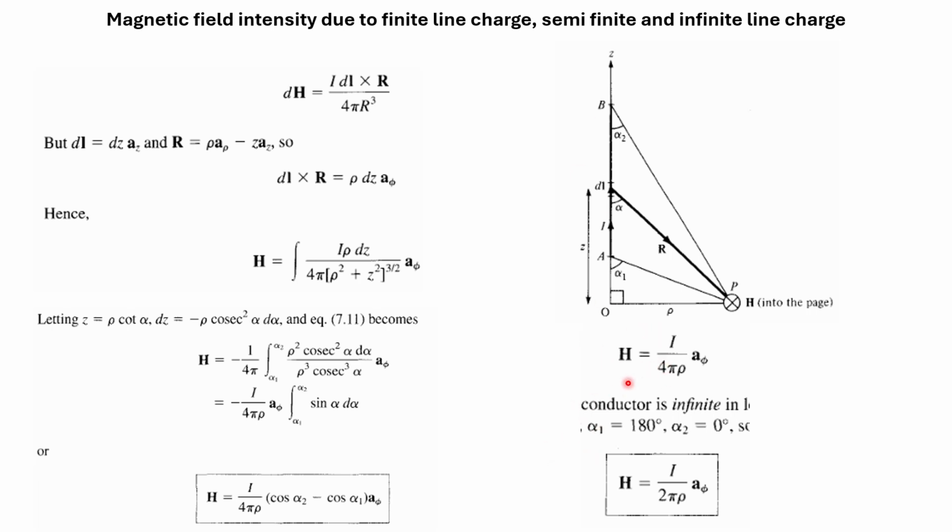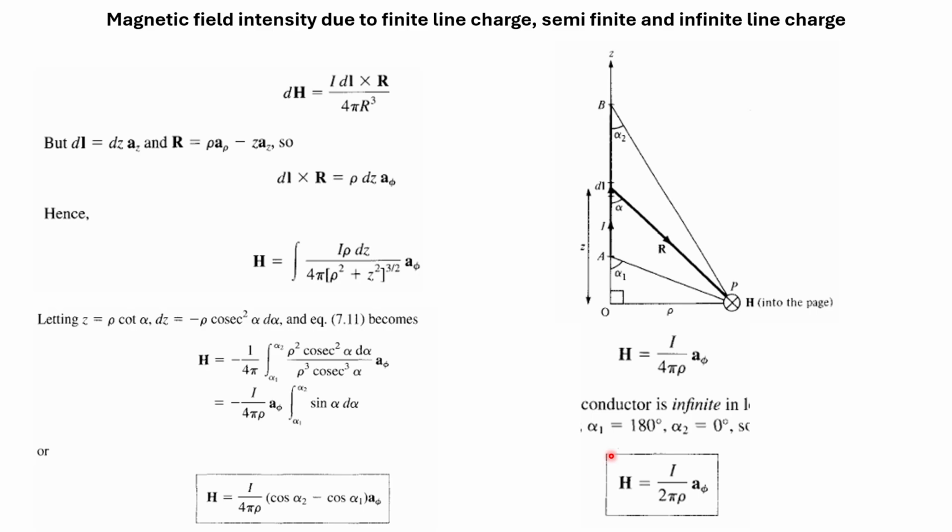Then we get H equal to I divided by 4 pi rho times cos alpha 1 minus cos alpha 2, where alpha 2 is 90 degrees, so cos alpha 2 will be 0, and alpha 1 will be 0 degrees, meaning cos is 1. So finally the magnetic field intensity due to a semi-infinite line will be I divided by 4 pi rho.